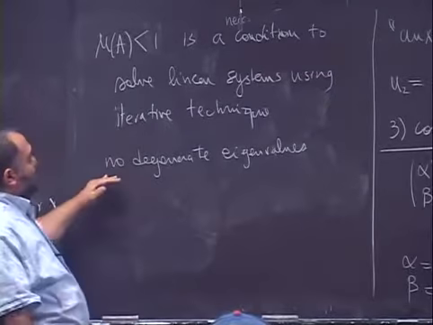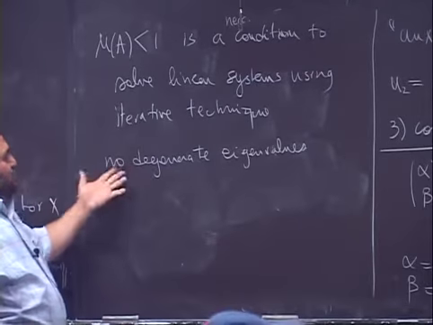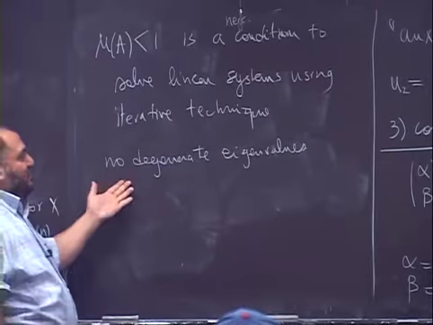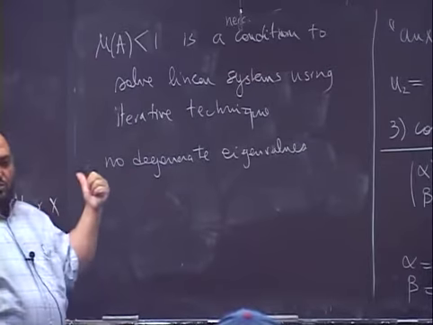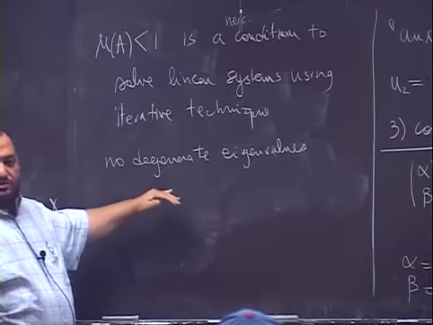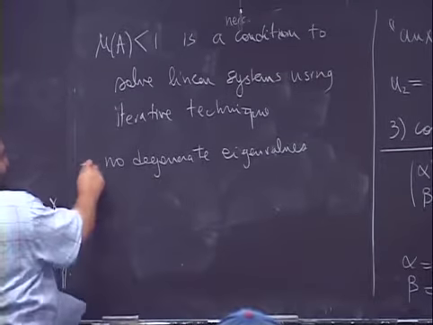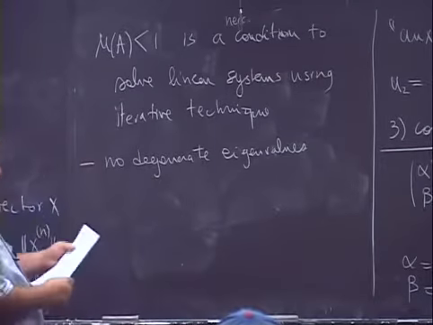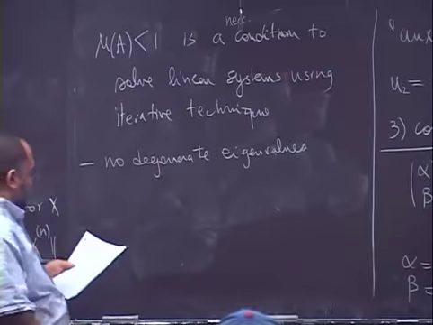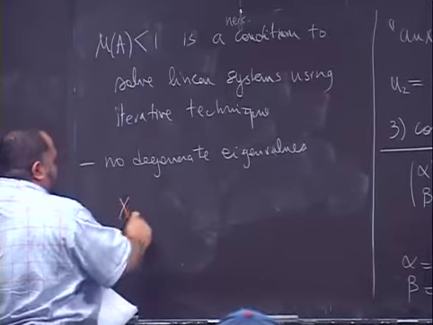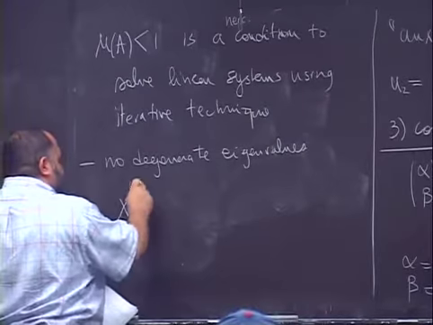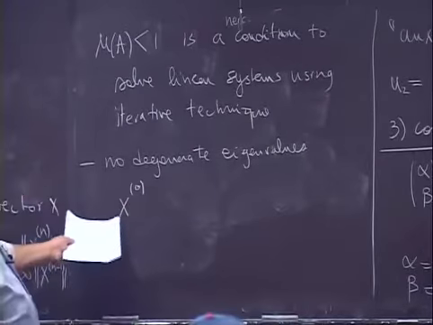Of course, in the case that there is degeneracy in the eigenvalues, the same method will work out, but we are not going to give the proof here. We'll just assume from the beginning that we do not have any degeneracy in the eigenvalues, and let's work things out. So this is the first guess of the vector of interest x.